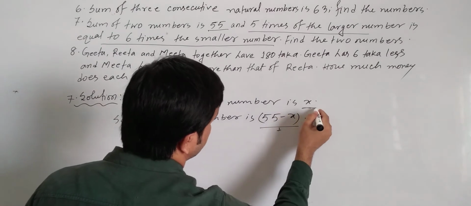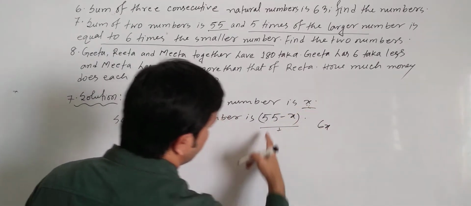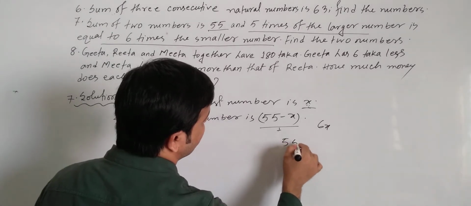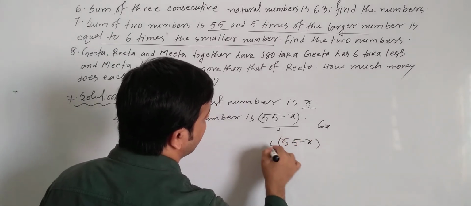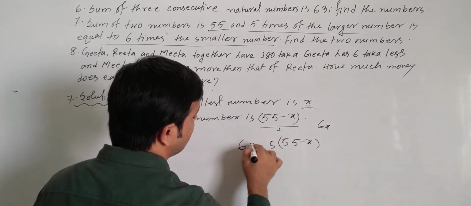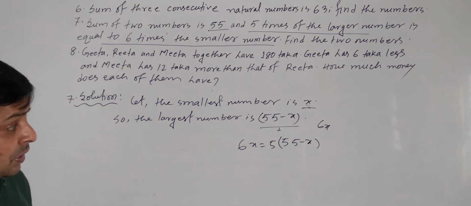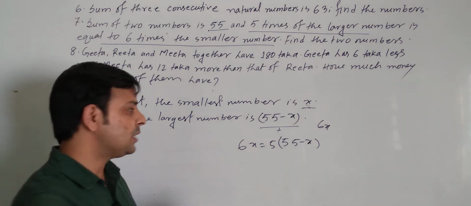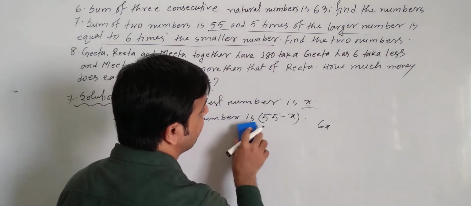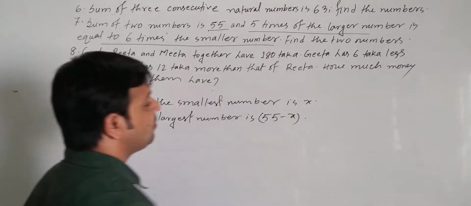Smaller number is x, so 6 times of this is 6x, and 5 times of 55 minus x means 5 into 55 minus x. These two will be equal. This is our condition. So if we apply the condition, we will get an equation. So dear students, we can solve the equation and we will get the value of x. If we get the value of x, then we will get two numbers easily.